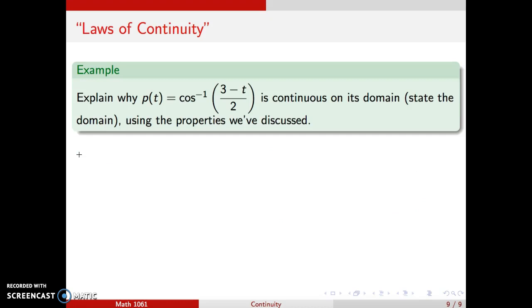Okay, so real quick to wrap it up with a quick example. It's asking us to explain why this function p of t, inverse cosine or arc cosine of (3 minus t) over 2, is continuous on its domain, and then state the domain. So as to the why, we could say 3 minus t over 2 is a polynomial, and so it's continuous everywhere.